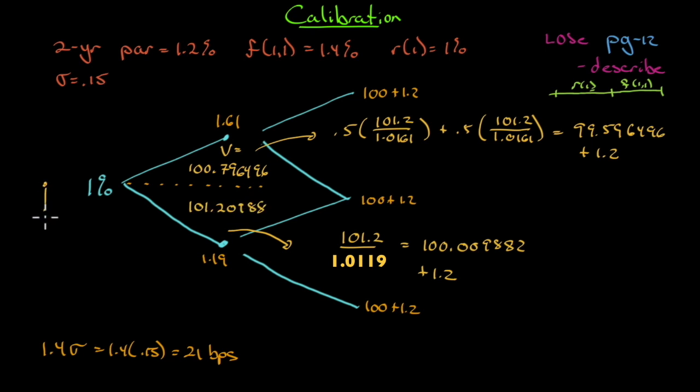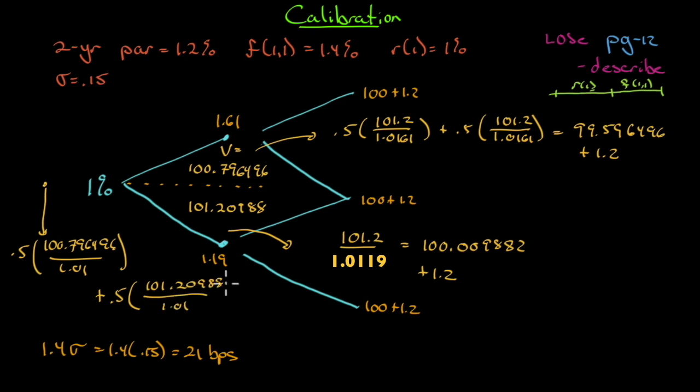And then our value here is 0.5 of 100.796496 over 1.01 plus 0.5 of 101.20988 over 1.01, and we will get 100.0033156.